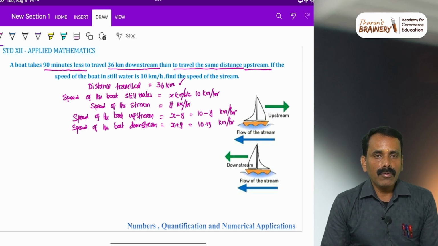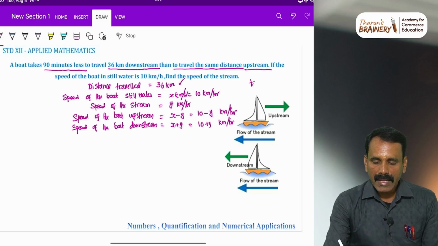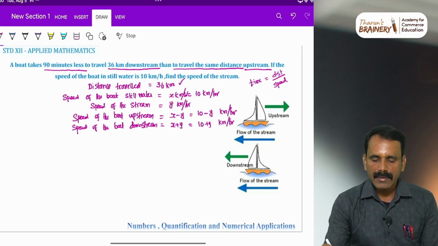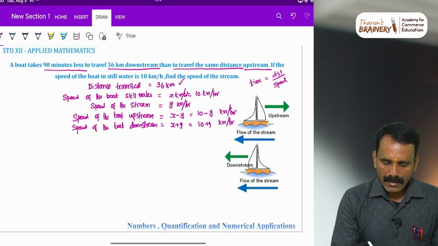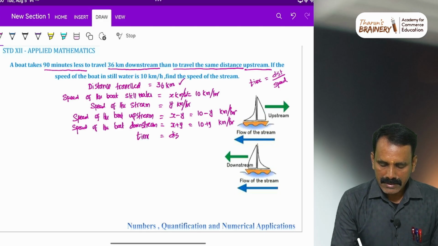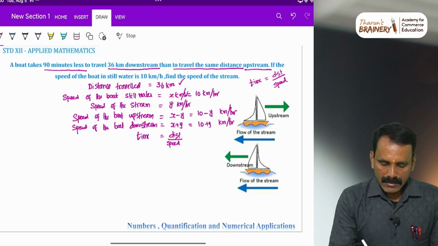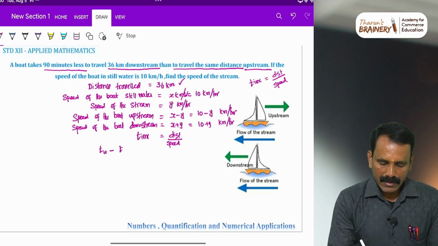Upstream travel will take more time because the speed is less, and time calculation formula used is time is given by distance divided by speed. So time for upstream travel minus time for downstream travel is given to be 90 minutes.